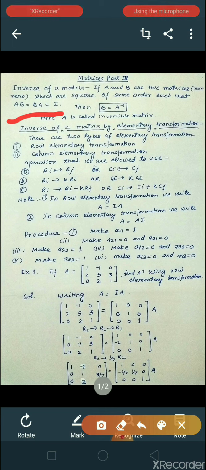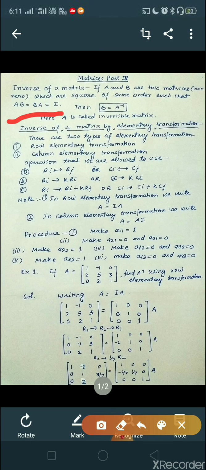I repeat it. If there are two matrices such that their product is an identity matrix, then these matrices will be inverses of each other. Children, as you know that in the number system, if we take 5 and 1 upon 5, then we say that 5 into 1 upon 5 is equal to 1. 1 is the multiplicative identity.